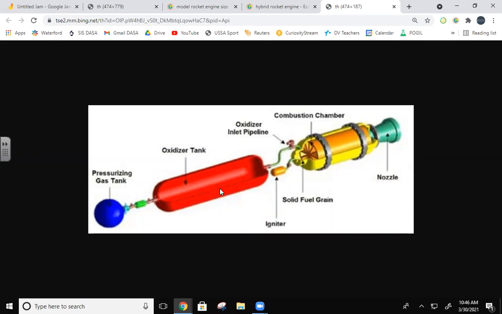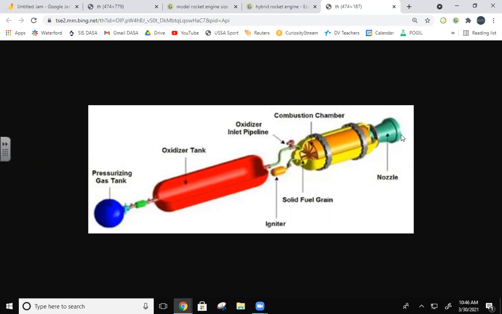You also generally don't need any turbo pumps for this. You can just have a high pressure helium tank back here that pushes the oxidizer through here into the fuel grain. They're a pretty cool design.